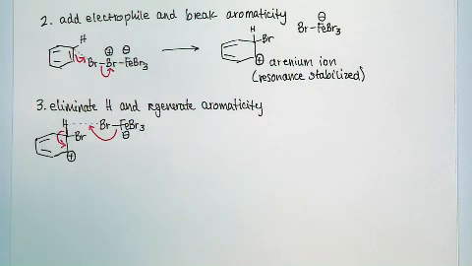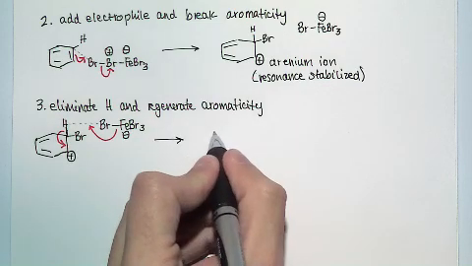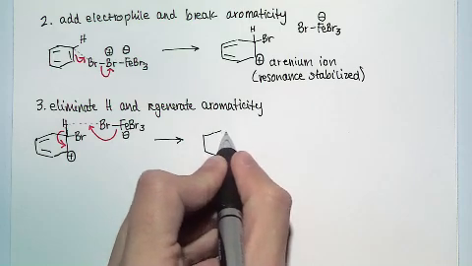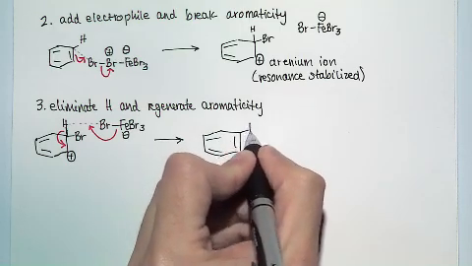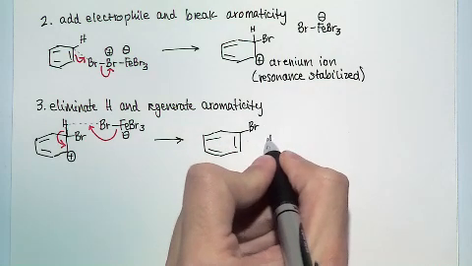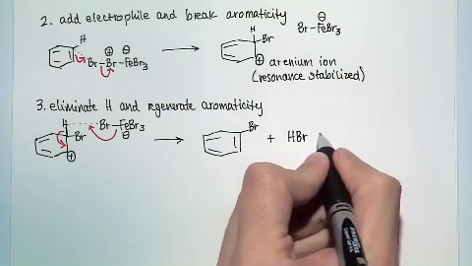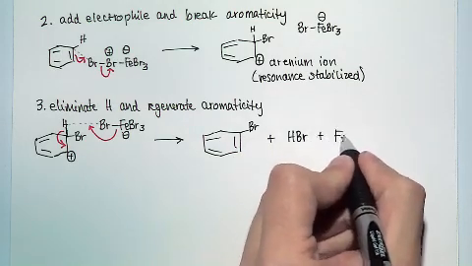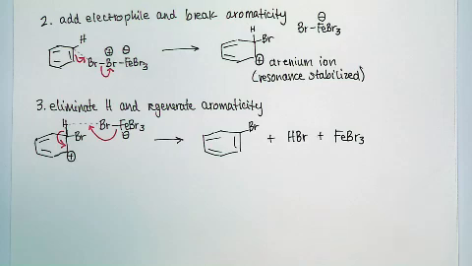Now we've regenerated aromaticity, gotten rid of the carbocation. So our side products are going to be HBr that we formed, and we're going to get our iron 3 bromide back.